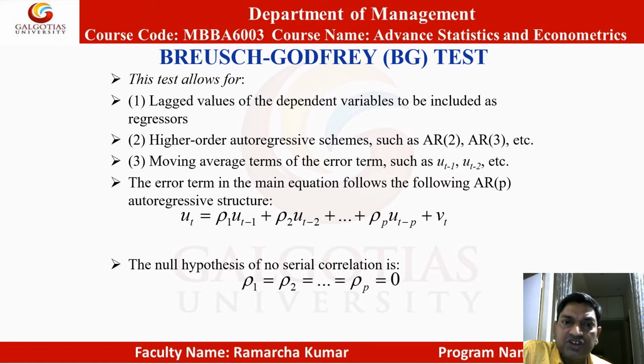The null hypothesis of no serial correlation is rho 1 equals rho 2 equals rho 3 till rho p, all equal to 0.